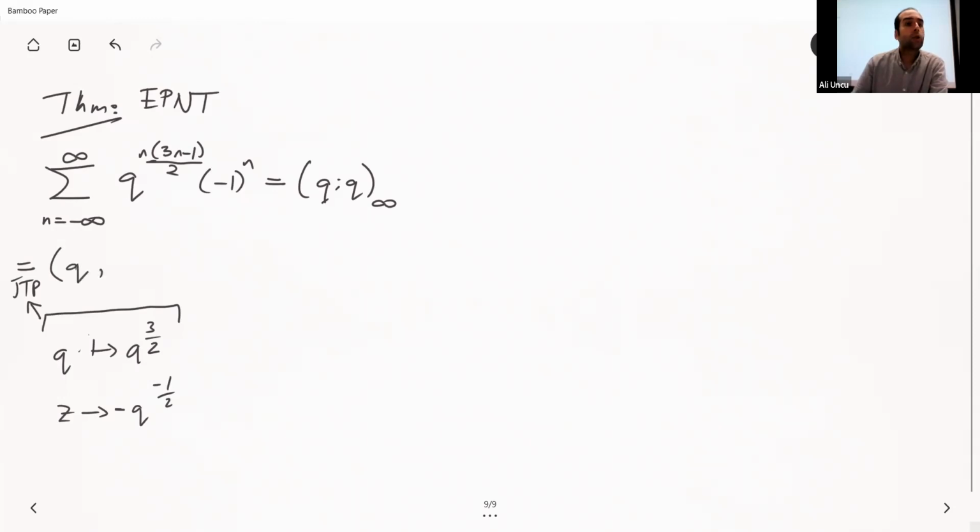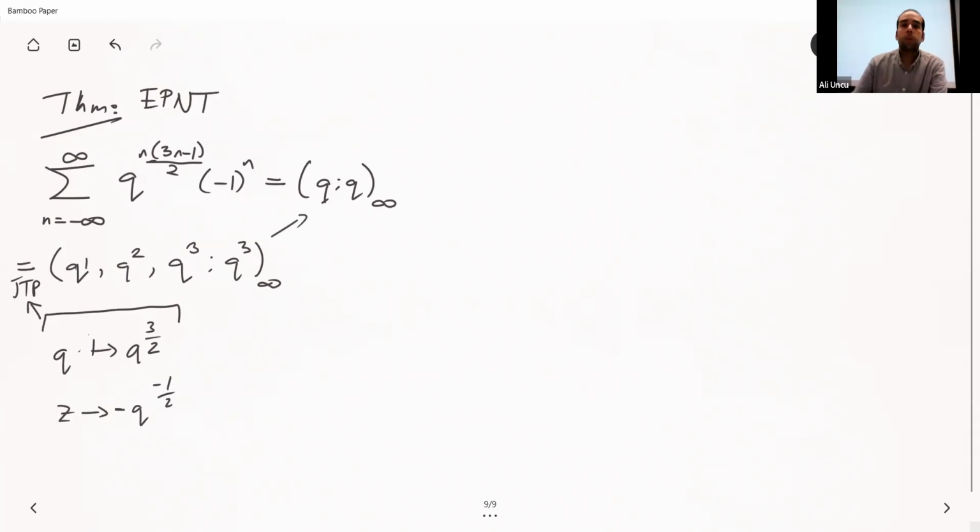Comma, minus q over z; again the negatives go away, q to the 3 halves minus minus 1/2, so it is q to the power 2. Comma, q squared, so q was q to the 3 halves, q squared is q cubed, right? Comma, the same, q cubed, infinity. So this sum is apparently that. Can you see that it is?